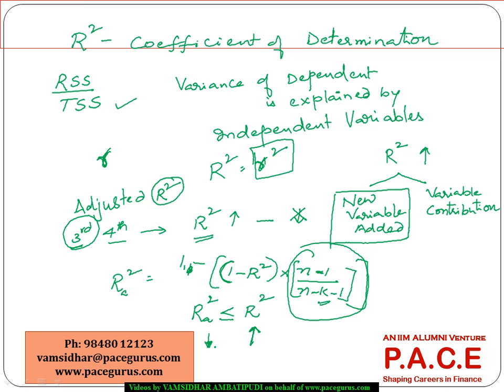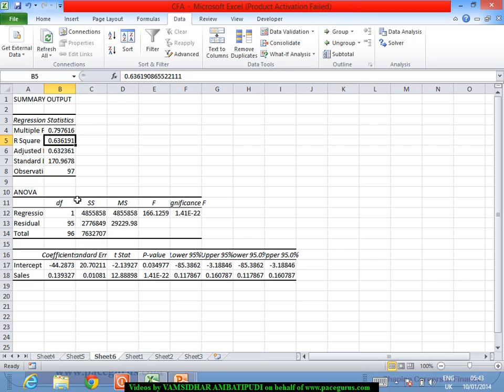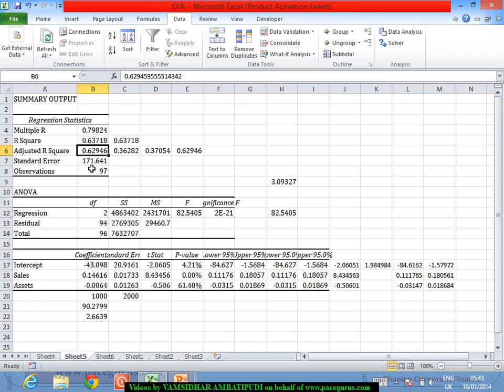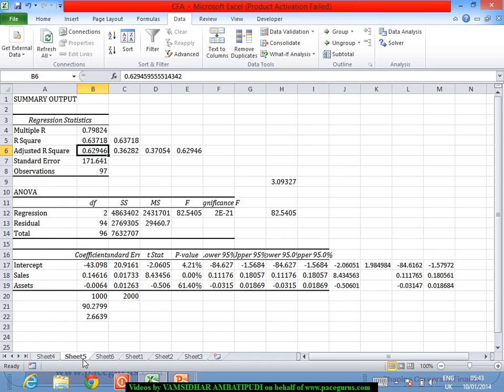keep decreasing also. Just to showcase this, you see here, when we did it with one variable, the R squared was 63.61 and adjusted R squared was 63.23. Whereas when I added one more variable, the adjusted R squared came to 62.94. Means though the R squared has increased with the addition of a new variable, the adjusted R squared has actually come down from 63.23 to 62.94.